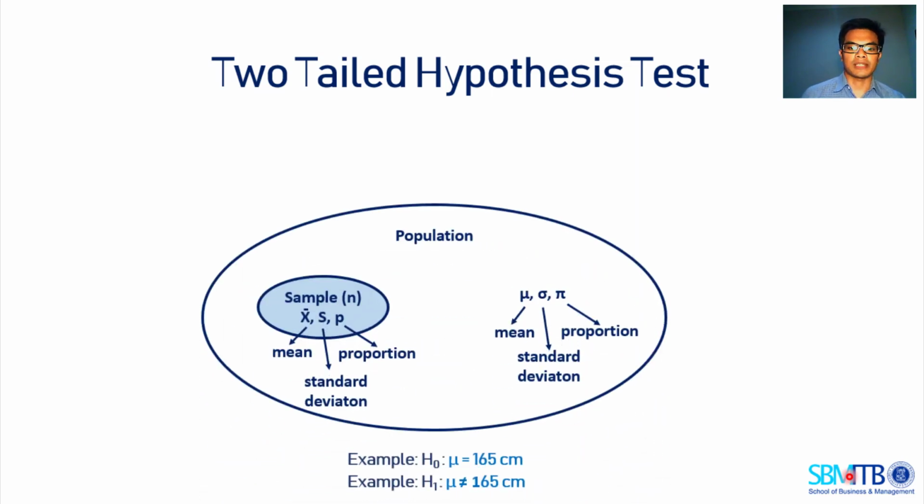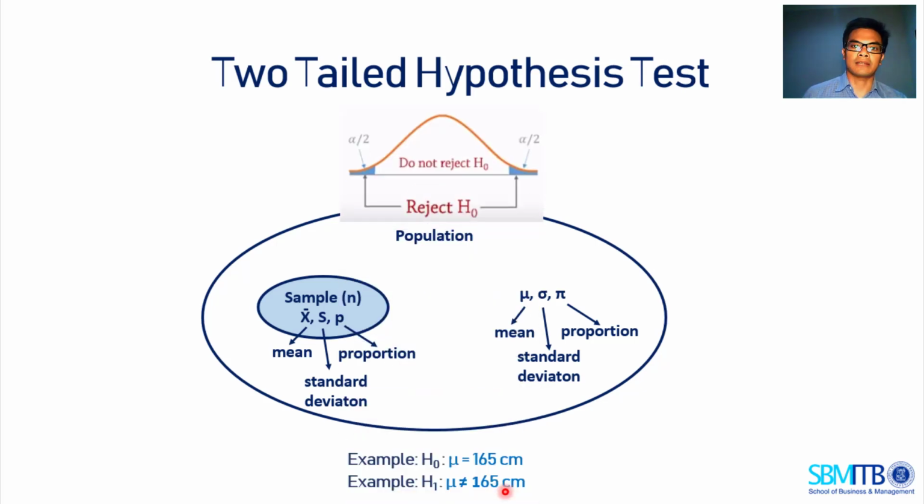Let's go back to our example. Say that previously we stated the null hypothesis as the mean height of Indonesian citizens equals 165 centimeters, and the alternative hypothesis as the mean height of Indonesian citizens is not equal to 165 centimeters. Then if we look at the alternative hypothesis, we can see that it uses the inequality sign.